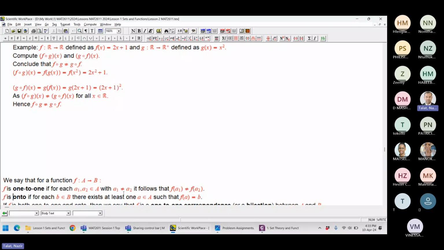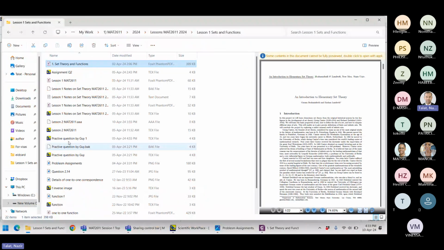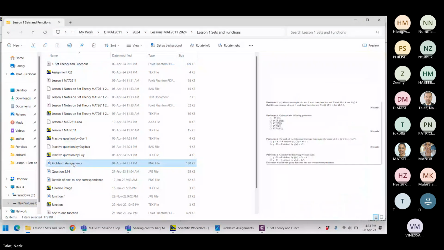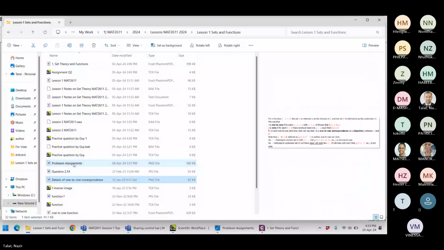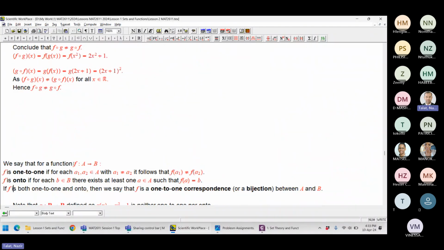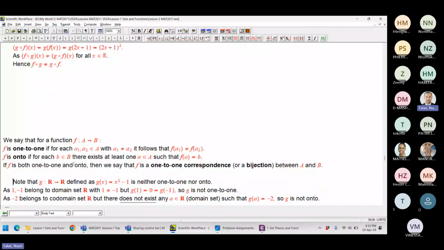Like A1 is not equal to A2 implies f of A1 is not equal to f of A2. This relation can also be shown in another equivalent form. For instance, if f of A1 is equal to f of A2, it implies that A1 is equal to A2.